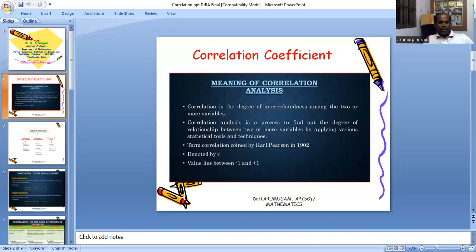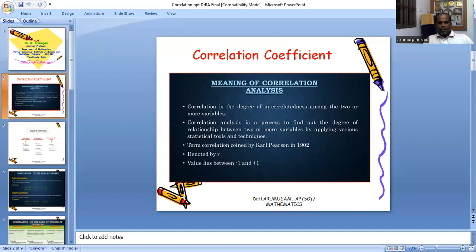On the basis of the number of variables, we have simple correlation, partial correlation, and multiple correlation. Similarly, on the basis of linearity, we have linear correlation and non-linear correlation.